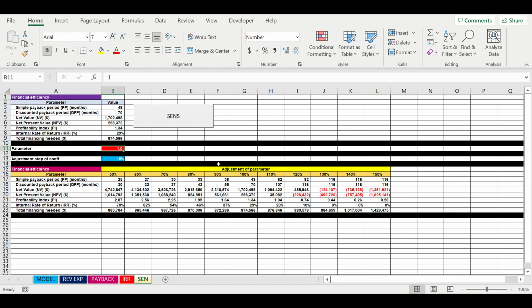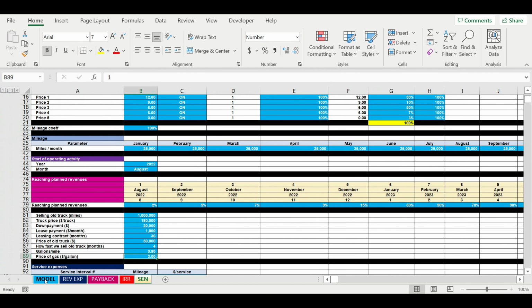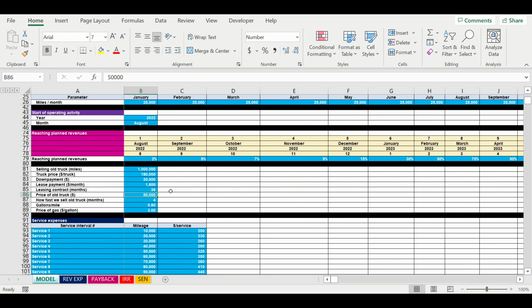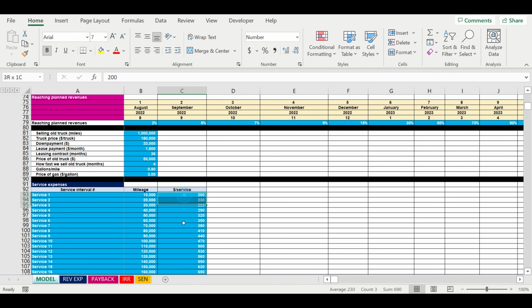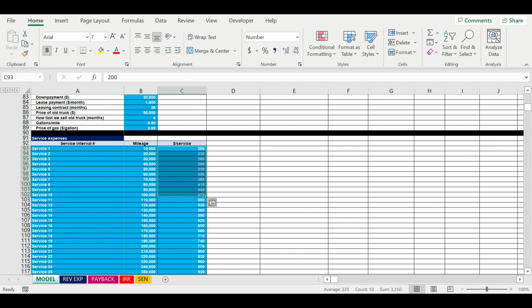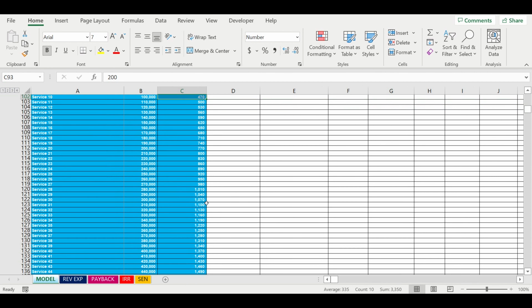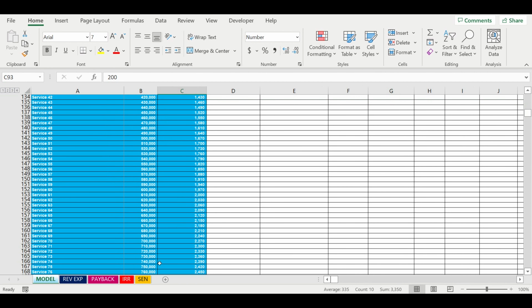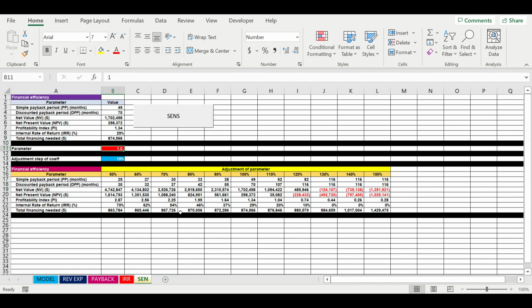So now you can see that we can add this parameter of stress testing, for example, to the truck price, down payment, any parameter of direct costs, service costs, fixed costs, investments, payroll, and so on. And you will be able to quickly see the total financing needed, simple and discounted payback period.